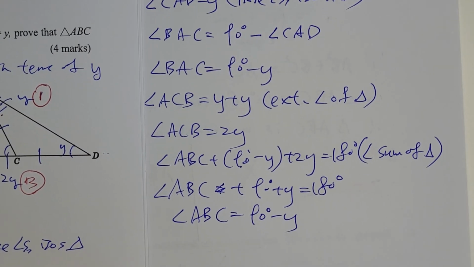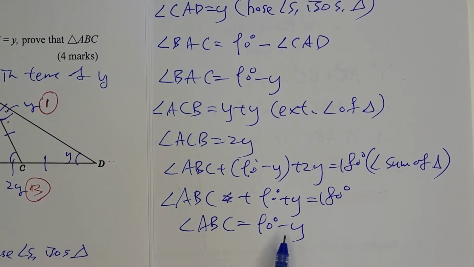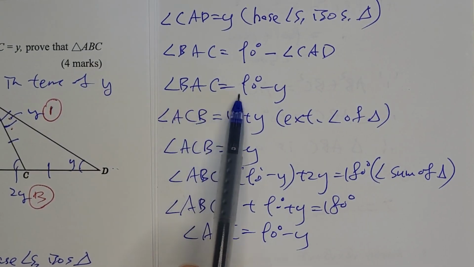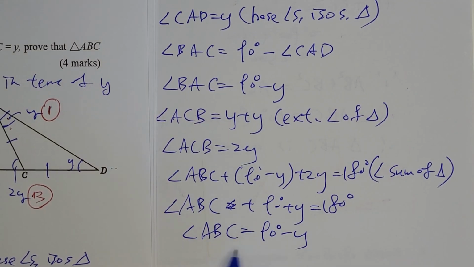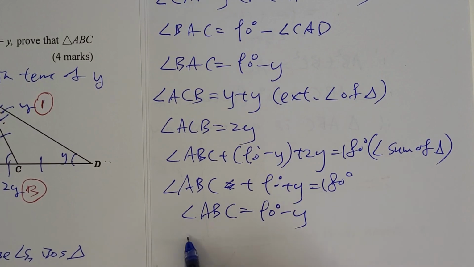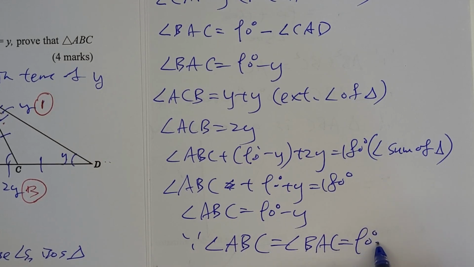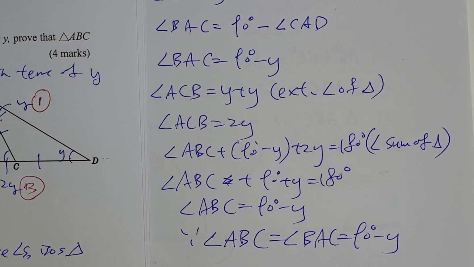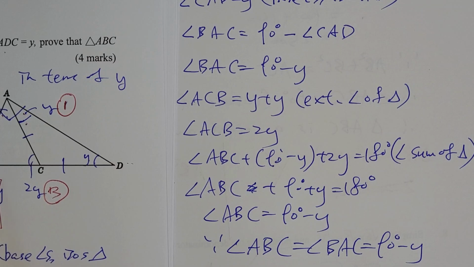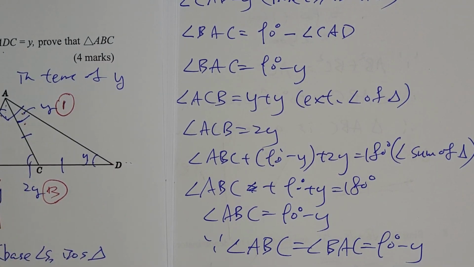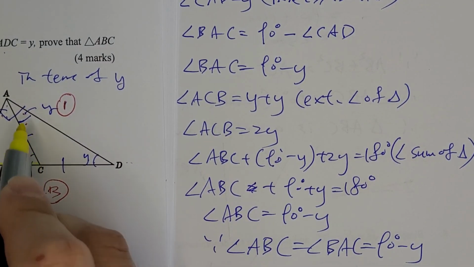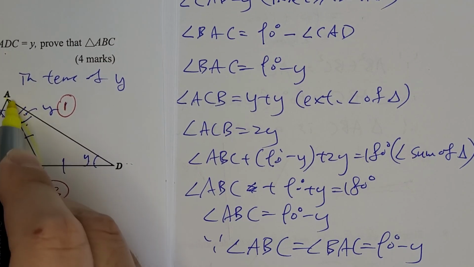Again. So you can see that BAC is 90 degree minus y. ABC also 90 degree minus y. You can say because angle ABC equals angle BAC equals 90 degree minus y. So go back to the graph. When these two angles are the same, that means these two lengths are equal.